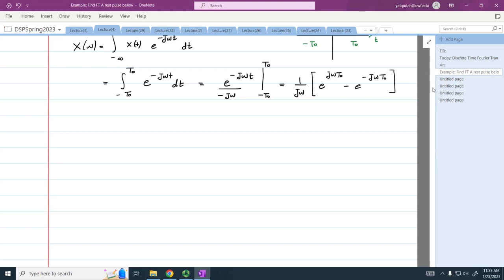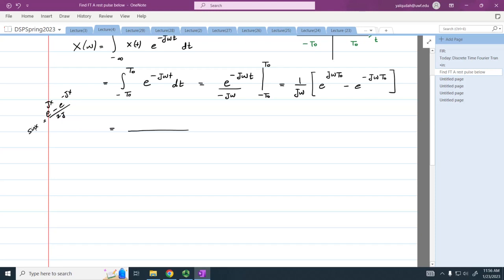Okay, so what do we have here? How can we simplify this? Anybody? What is the formula? What is e to the j omega minus e to the negative j omega? It's like a sine. A sine. e to the jx minus e to the negative jx over 2j is equal to sine x.